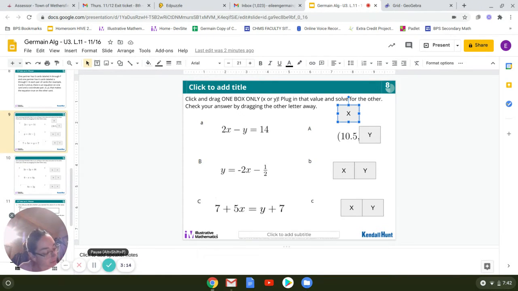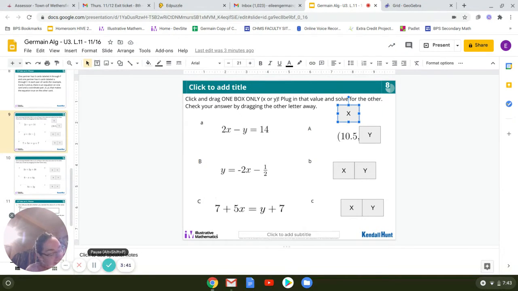When I do that, I'm left with this, and these cancel out over here, and we're left with negative y is equal to 14 minus 21, which is negative 7. Let me write that down. Negative 7.